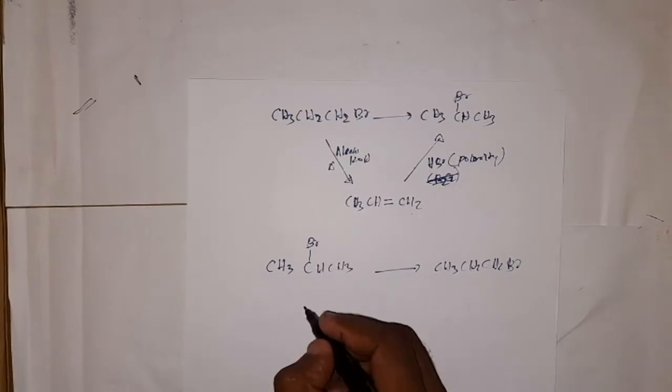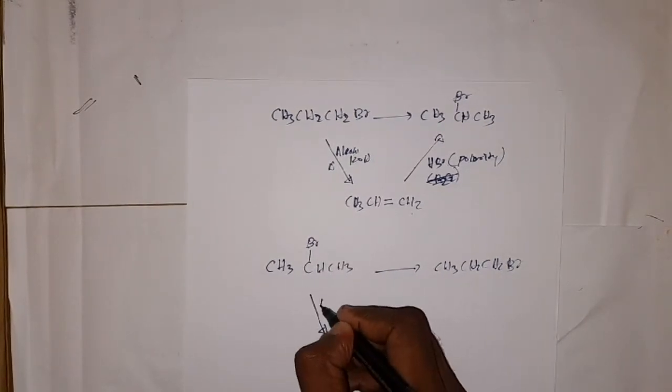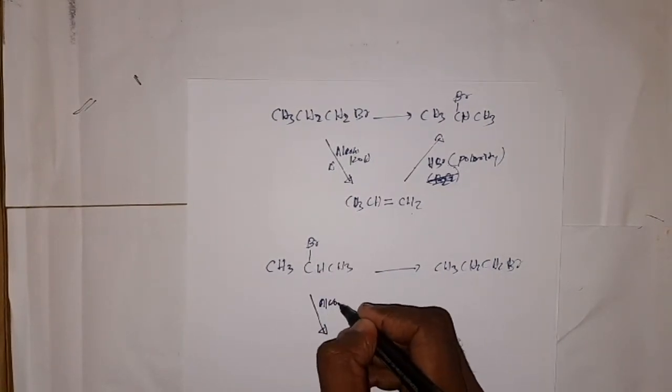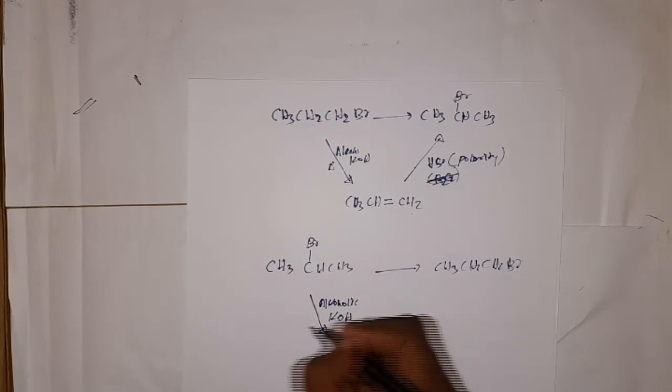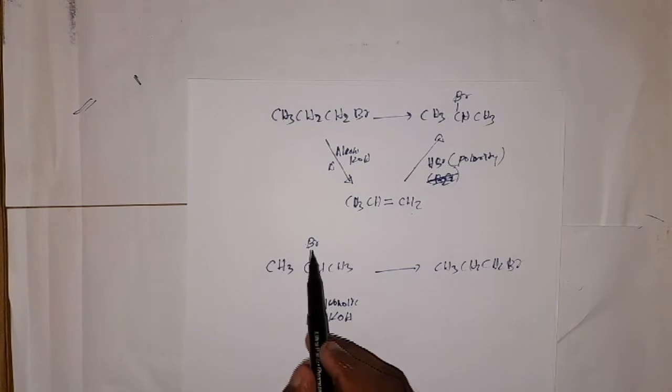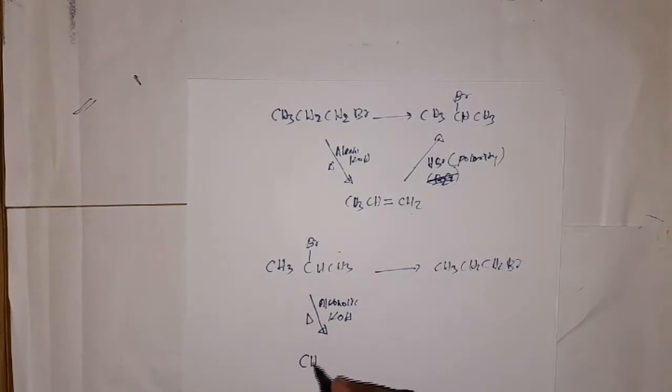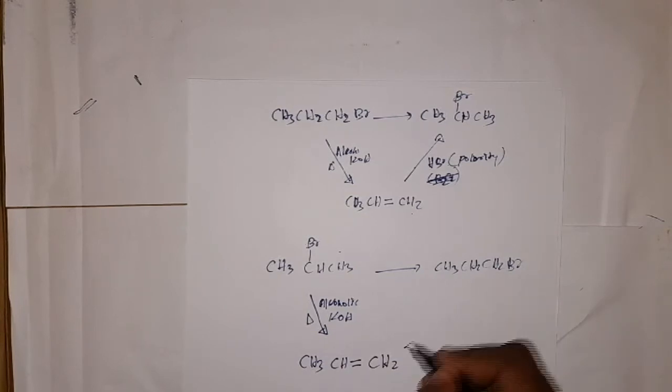Now I am going to add alcoholic KOH, just that, and then HBr will be removed. Then the final answer is CH3CH double bond CH2.